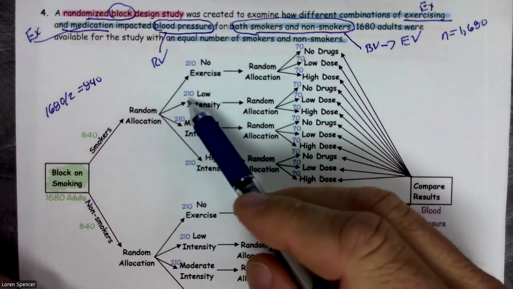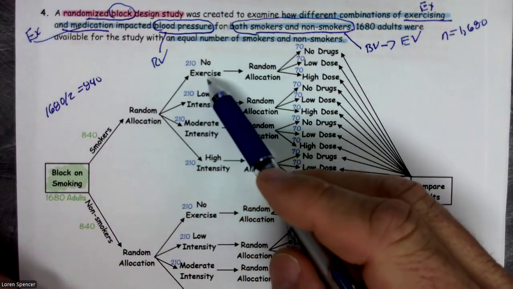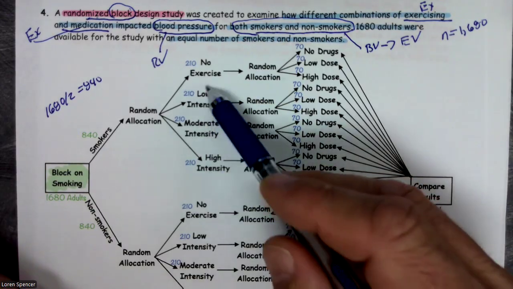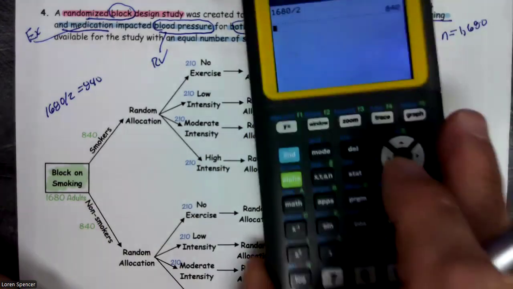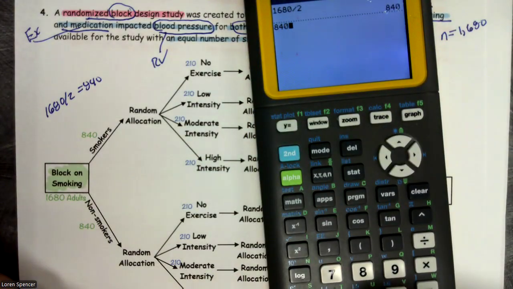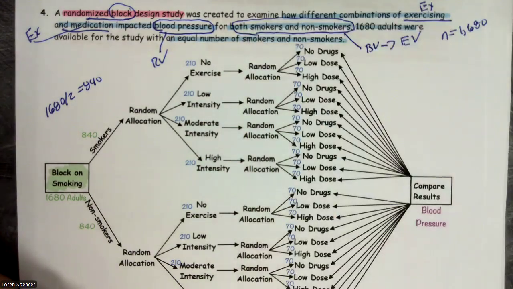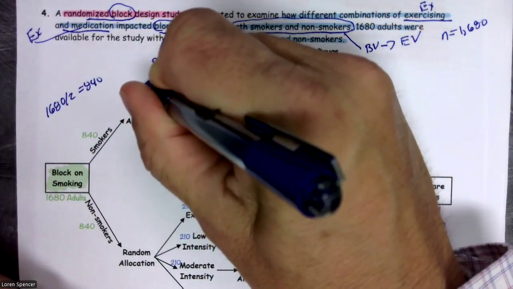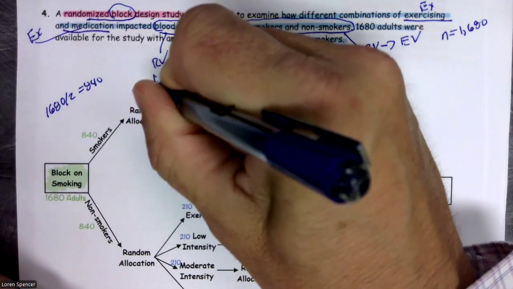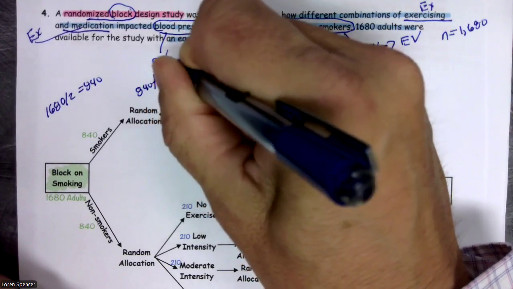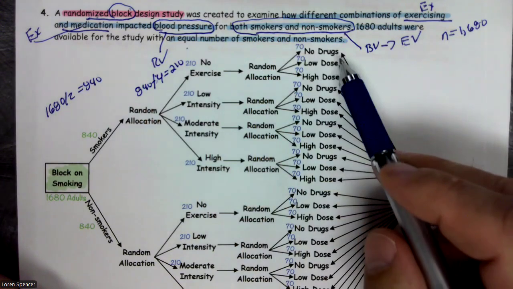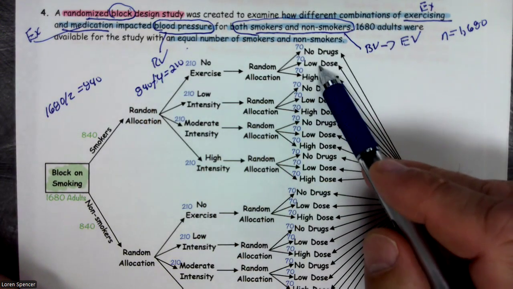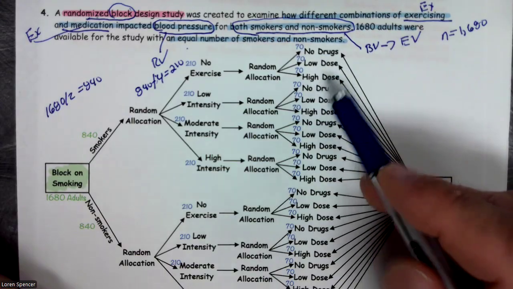And then we have another group. We're breaking it down into no exercise, low intensity, moderate, and high. So 1, 2, 3, 4. So we have 840 divided by 4 is 210. And then we have 3 levels of drugs: 1, 2, 3, no dose, low dose, or high dose.